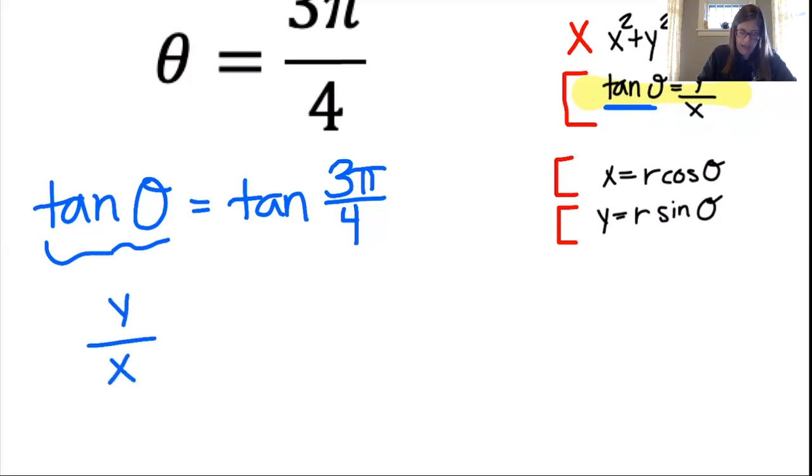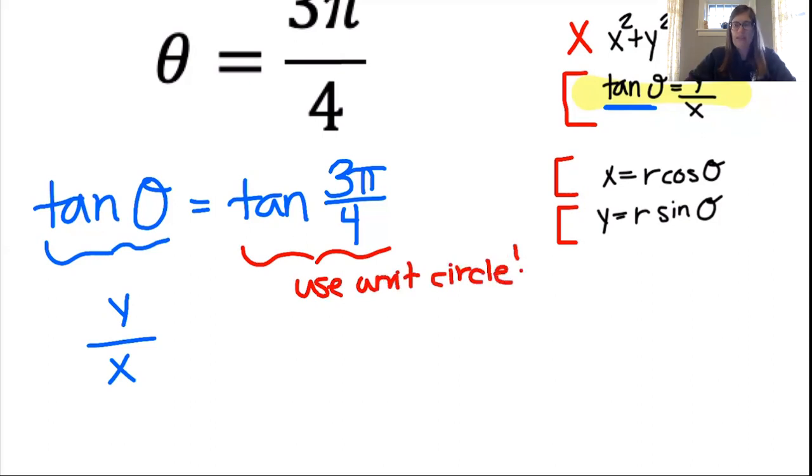And then this piece right here, tangent 3 pi over 4, you have unit circle knowledge. What is the tangent of 3 pi over 4? Well, the pi over 4 butterfly has 1 as its tangent, so it's 1 or negative 1. And 3 pi over 4 is in quadrant 2, where tangent is negative, so the tangent of 3 pi over 4 is negative 1.